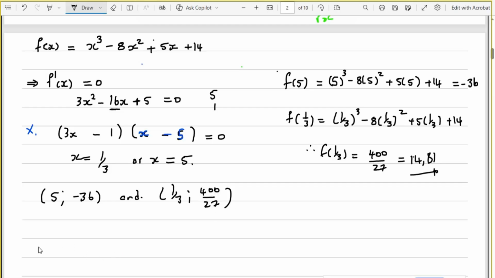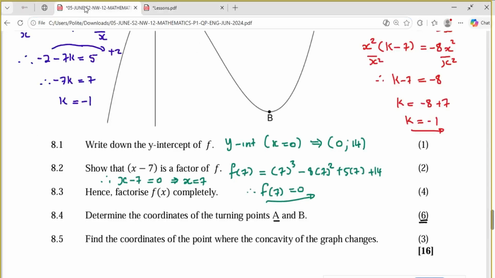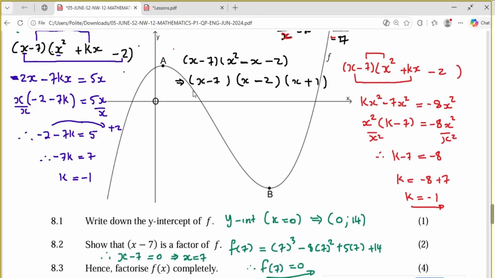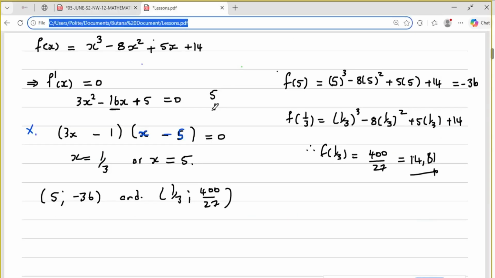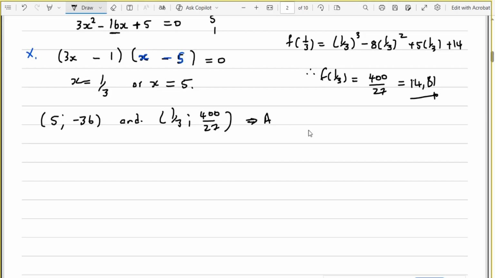So these are your turning points. Which one is A, which one is B? They say the coordinates of A and B. This one has a positive y value, and this one has a negative y value. A has a positive y value. So this one will be point A, and this one will be point B.